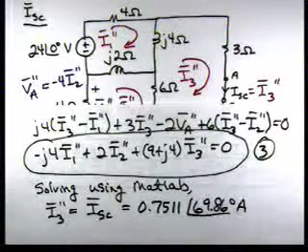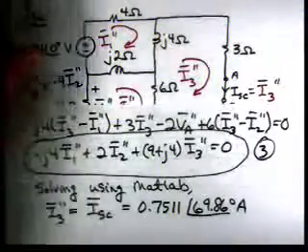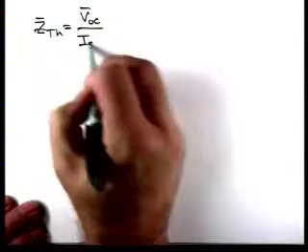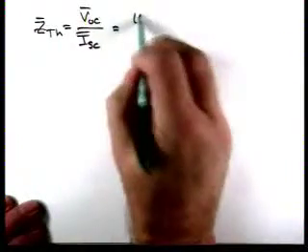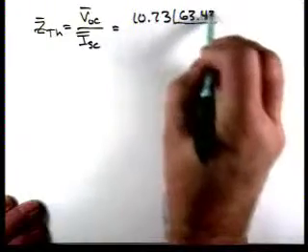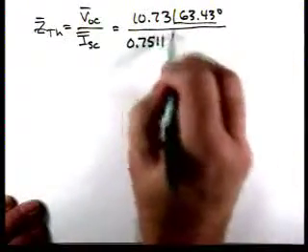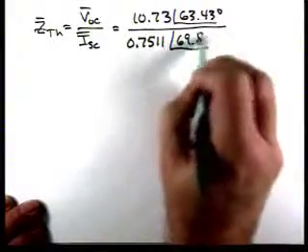So now we have I short circuit, and we can calculate Z Thevenin. We know that Z Thevenin is V open circuit divided by I short circuit. So we have 10.73 at an angle of 63.43 divided by 0.7511 at an angle of 69.86.